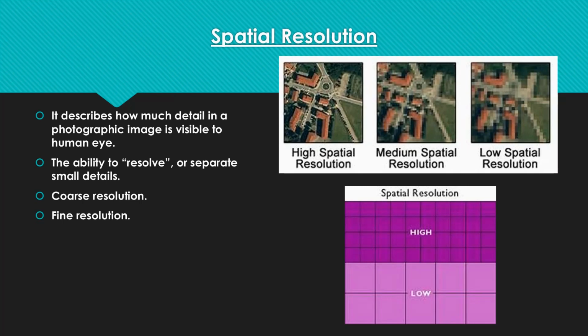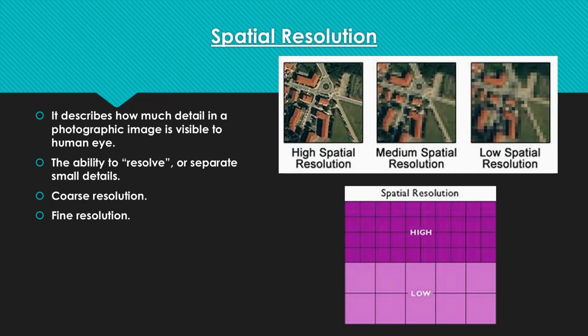It says about the information a pixel can capture of a particular ground area. Or you can also explain spatial resolution as the ability of a sensor to distinguish between two distanced objects.